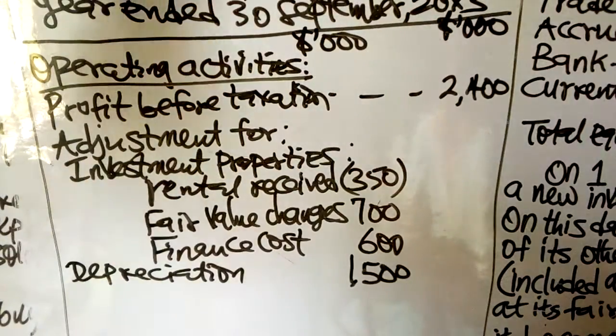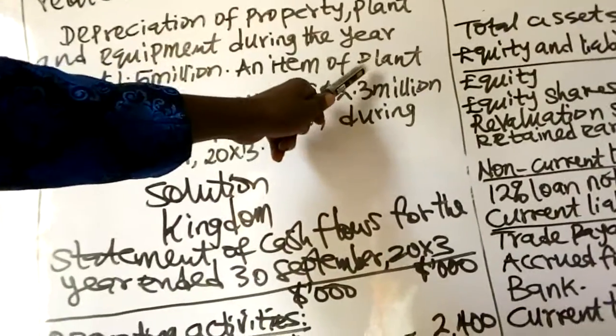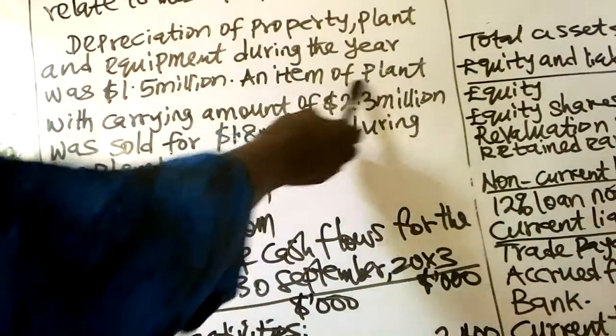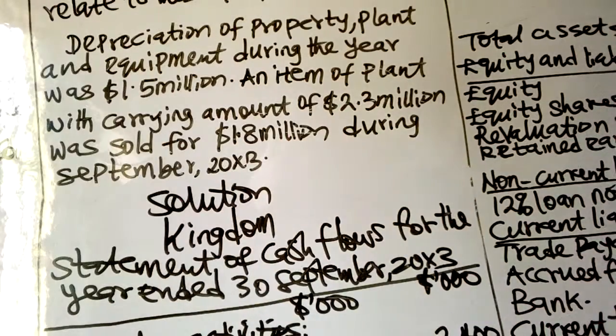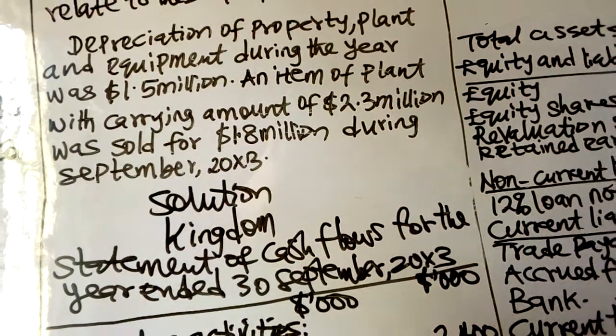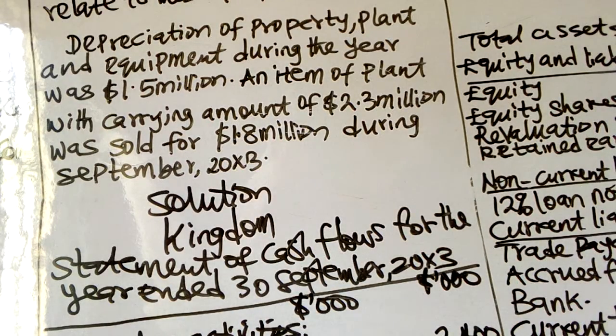Then, an item of plant with a carrying amount of 2.3 million was sold for 1.8 million during the year. When there is a disposal of an asset, the asset may be disposed at a profit, or it may be disposed at a loss.